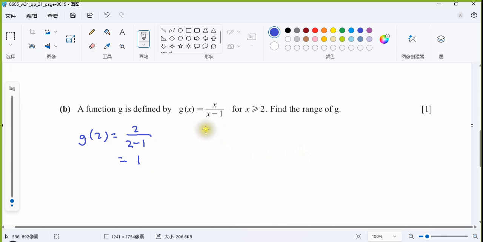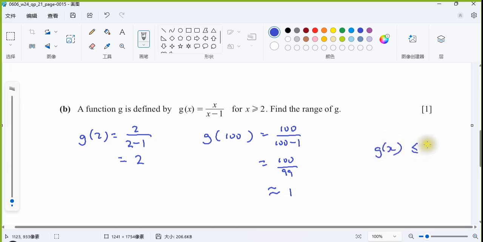If we have something like g of 100, a very big number, 100 over 100 minus 1, this is 100 over 99, almost equal to 1. But this is the asymptote. So g(x) can reach until 2, but the minimum is 1.